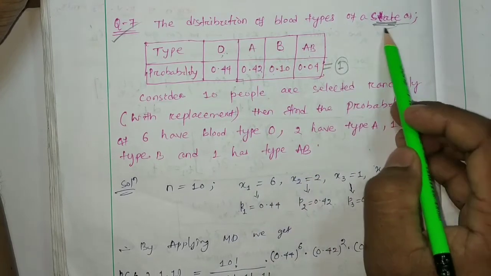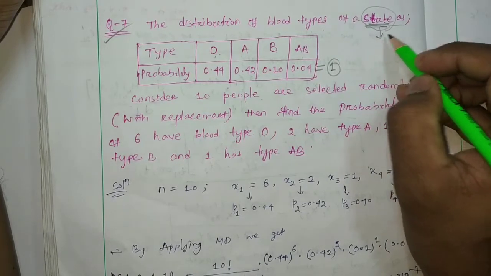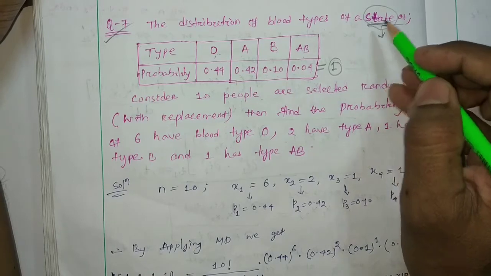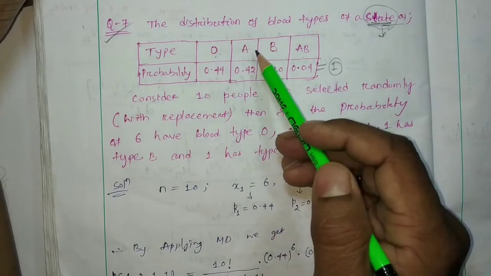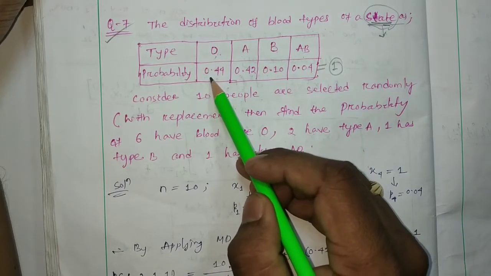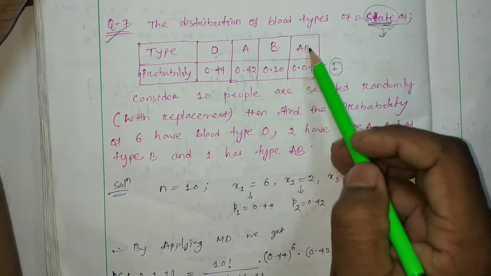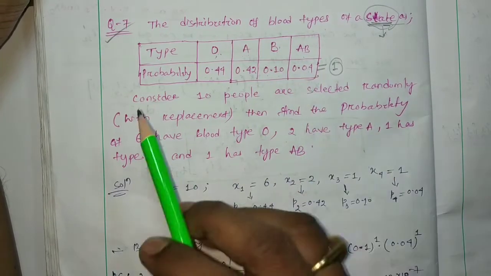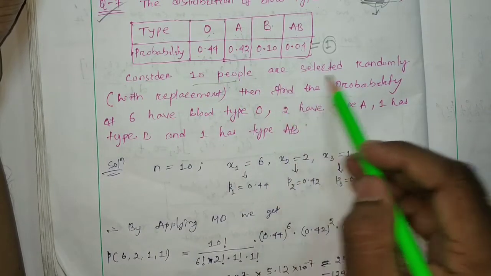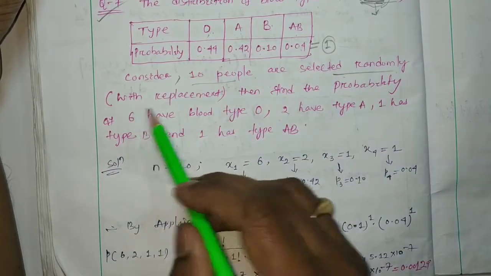So in a state, a large number of people are there, and statistically it has been found that the probability of getting blood group O is 0.44, A 0.42, B 0.1, AB 0.04. Now consider 10 people are selected randomly with replacement.